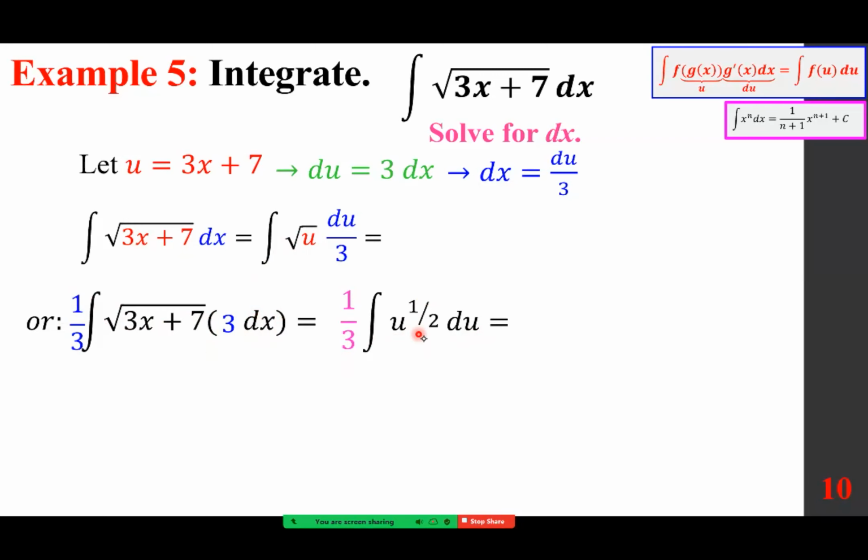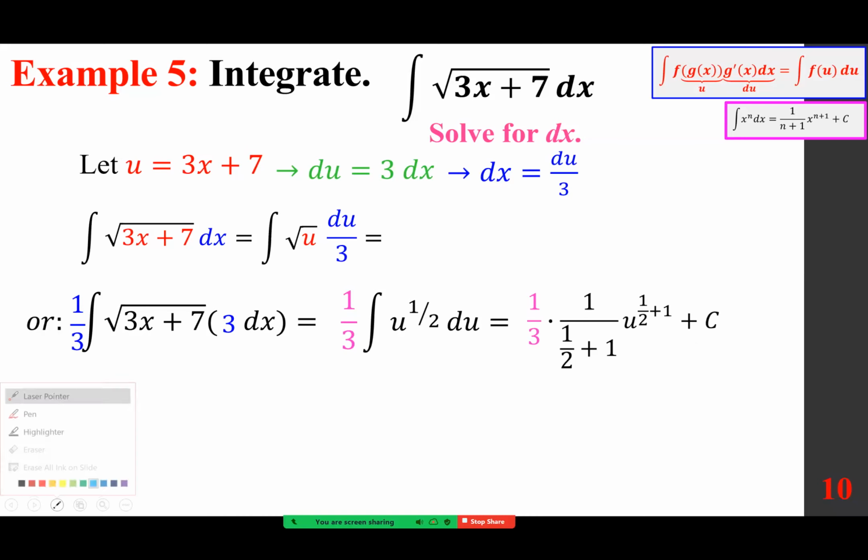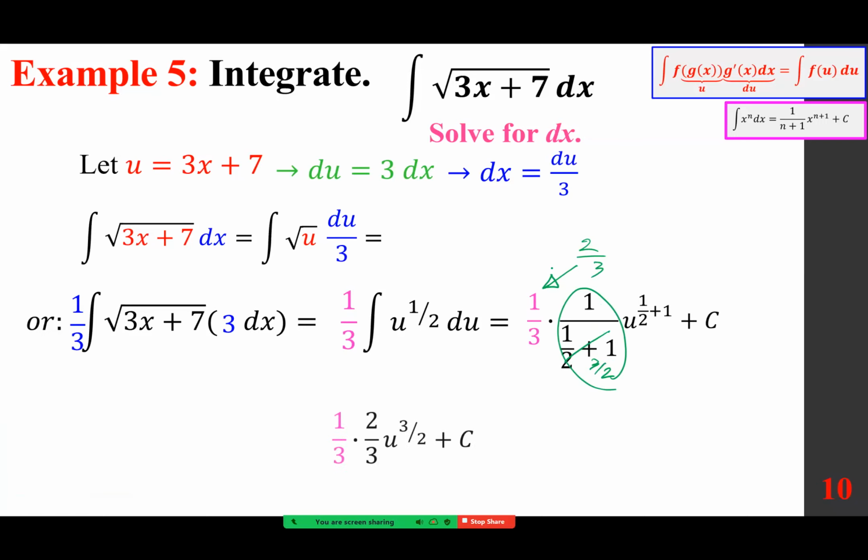Let's integrate using the power rule. This piece becomes 1 over 1/2 plus 1 u to the power of 1/2 plus 1. And needless to say, 1/3 remains, and we also have a constant. This 1/2 plus 1 is 3/2. This is 2/3. The product of these two numbers is 2 over 9.